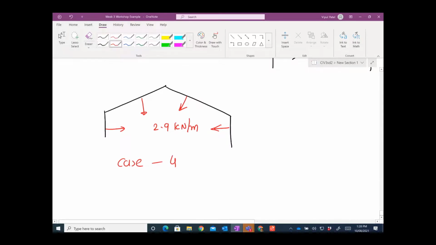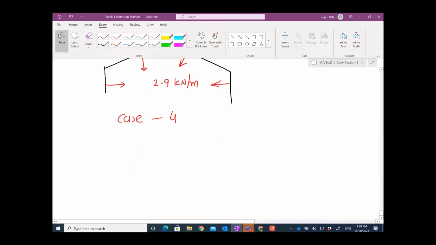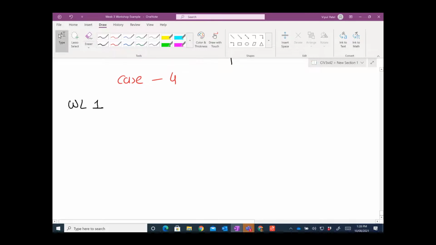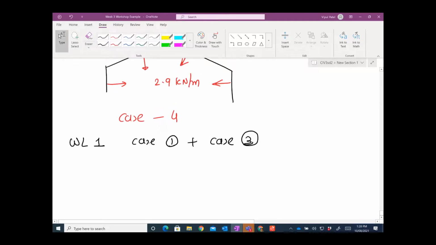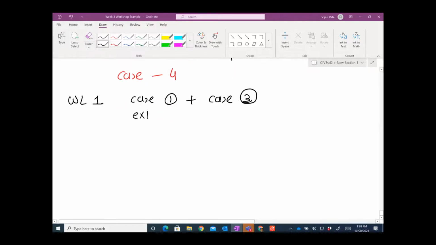Now we can combine those. We will combine those load cases. Let's say wind load case number 1. Let's combine case 1 plus case number 3. Case 1 meaning this is external pressure, plus you want to keep the door on windward wall.